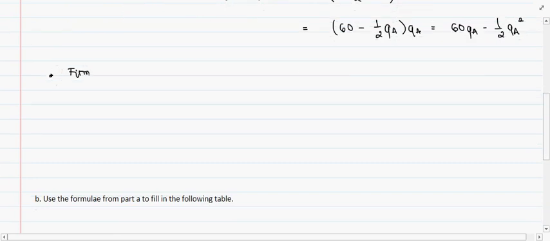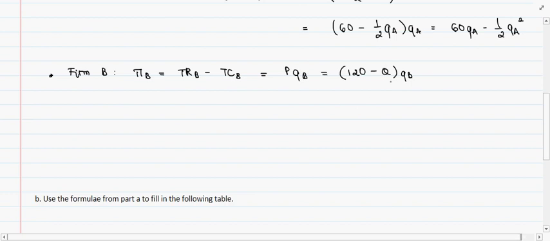For firm B, the profit is again total revenue for firm B minus total cost for firm B, and total cost is 0, so it's just the price times the quantity produced by firm B, which is QB. Again, the price is 120 minus big Q, times QB, and big Q here is QA plus QB. So 120 minus (QA plus QB), everything multiplied by QB.